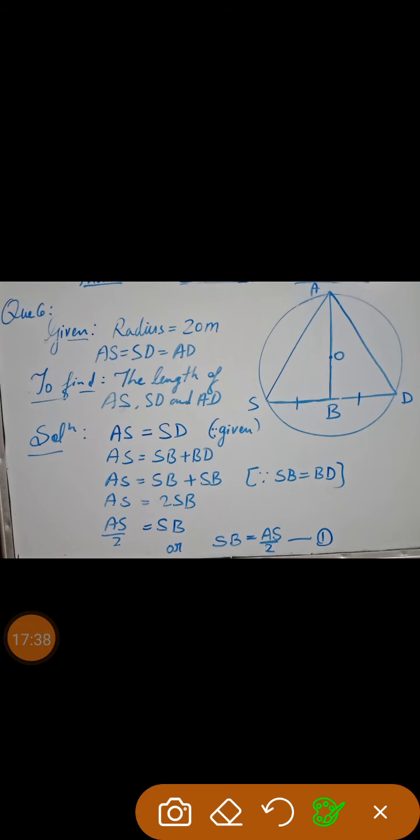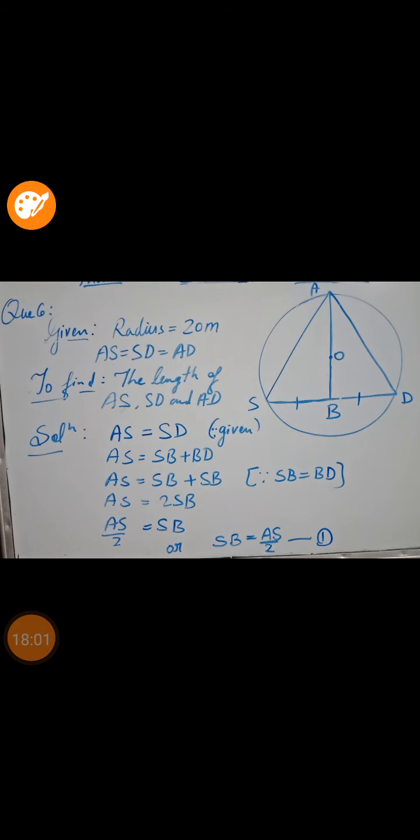Now SB is equal to, this 2 will come to the left-hand side as the divisor, so it will be equal to AS by 2. So we can write SB is equal to AS by 2. This means the length of SB is half of AS. This is our equation number 1.